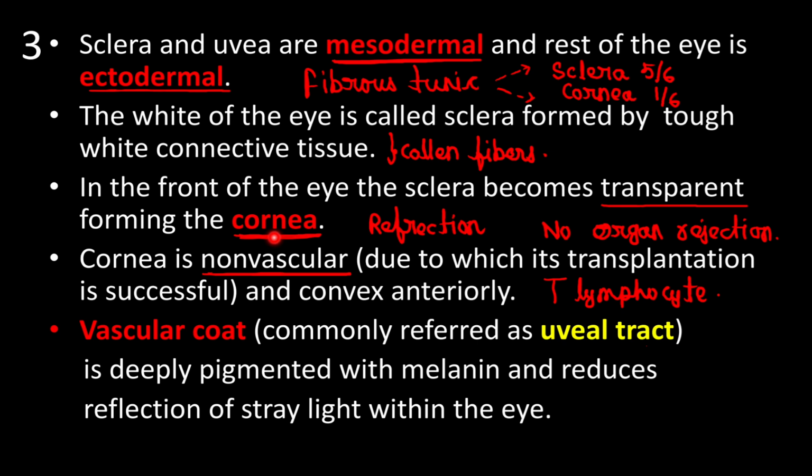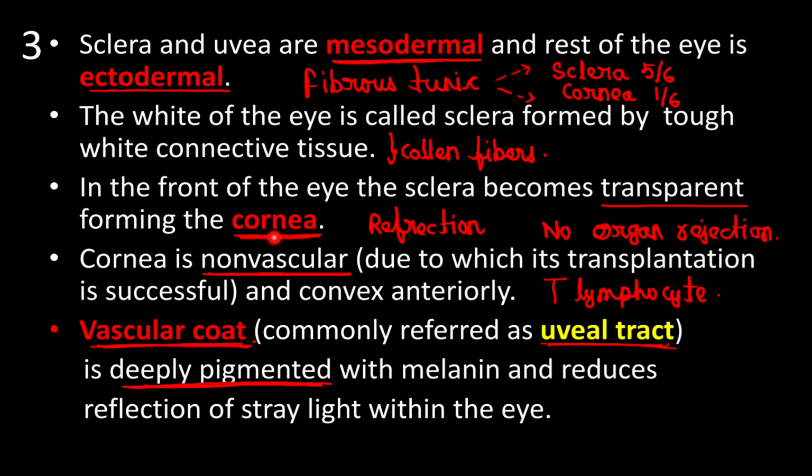So this is our outermost layer, the fibrous tunic. The next layer, which is the vascular coat, we are calling the vascular tunic. Either you call it vascular tunic or you call it the uveal tract. This uveal tract is a deeply pigmented layer, rich in melanin pigment, and it reduces unnecessary reflection of light inside our eye.